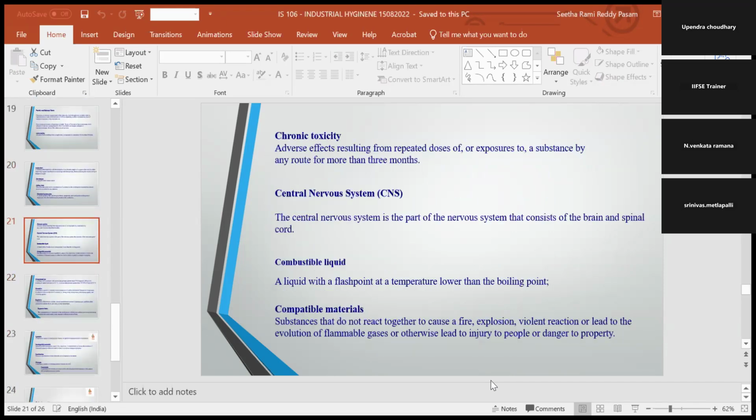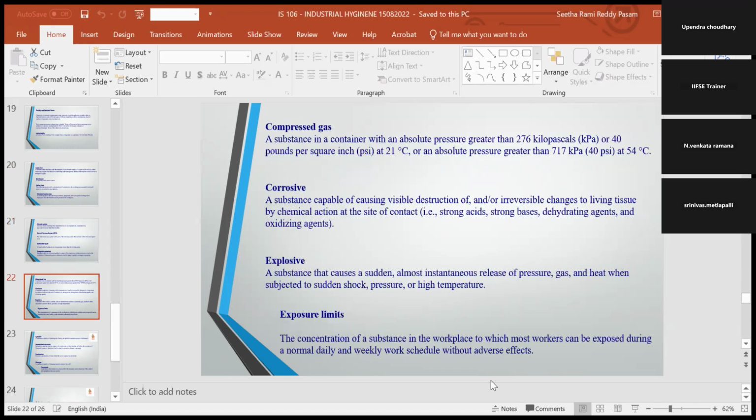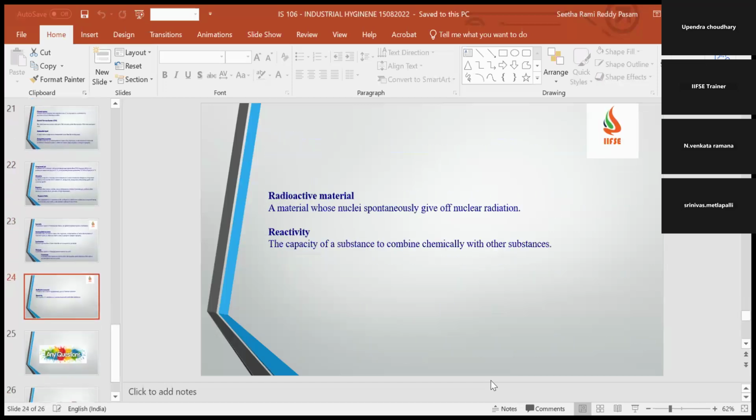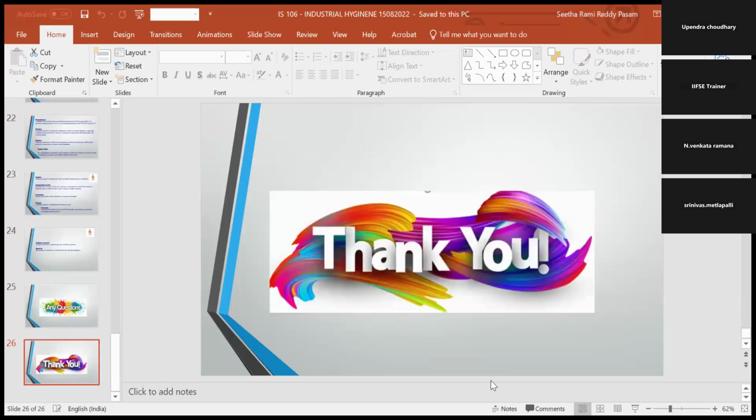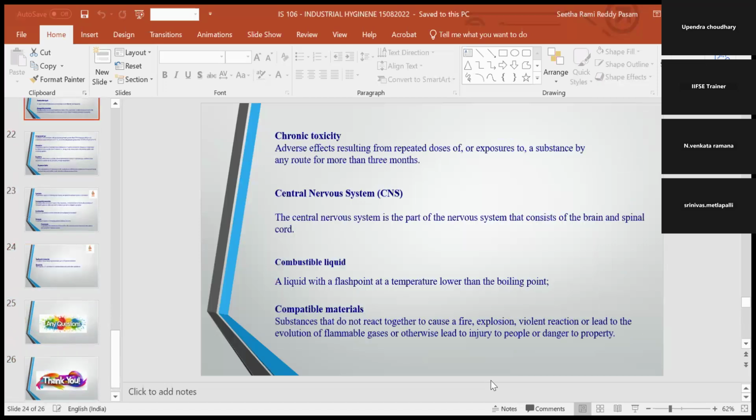Then we talk about other definitions, and how the central nervous system is impacted by exposure to these chemicals. Then we'll see some of the exposure limits. This is going to be our topic for tomorrow.